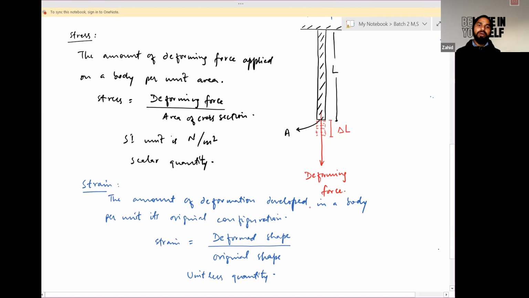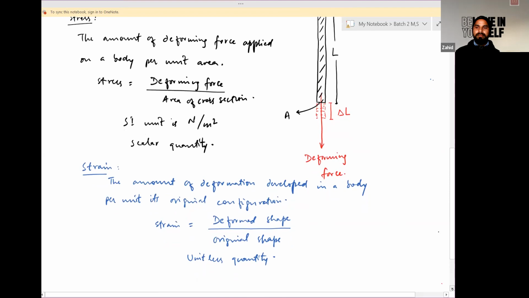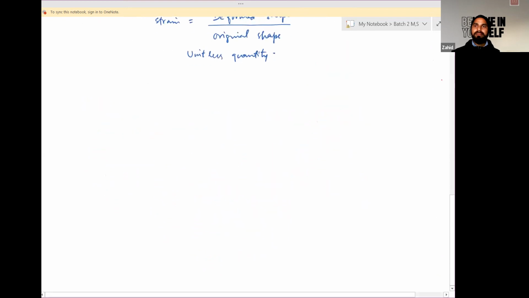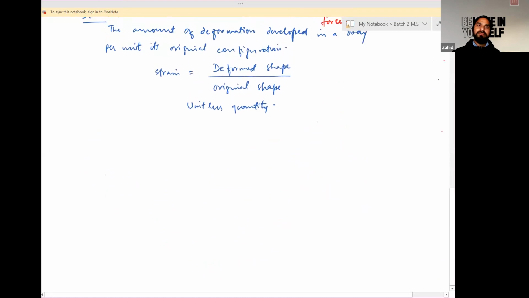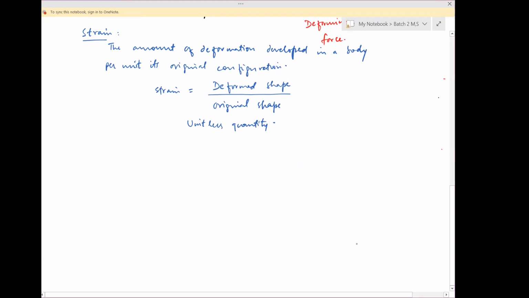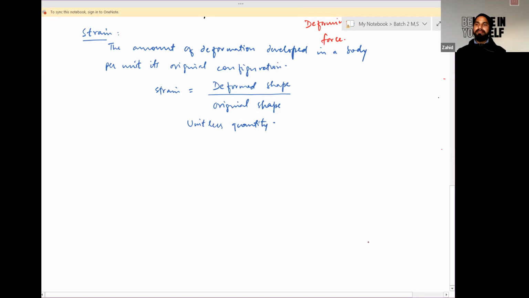So the amount of deformation developed or produced in a body per unit its original configuration or original shape. You all have written? Yes, sir.